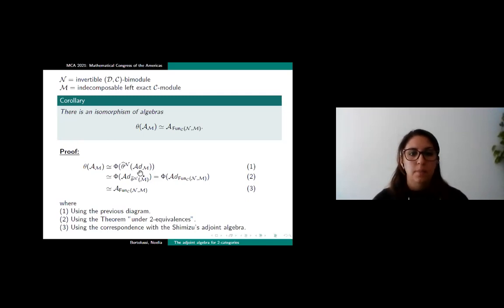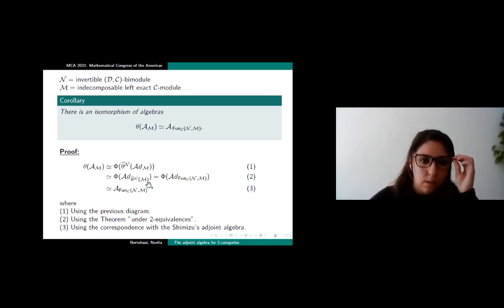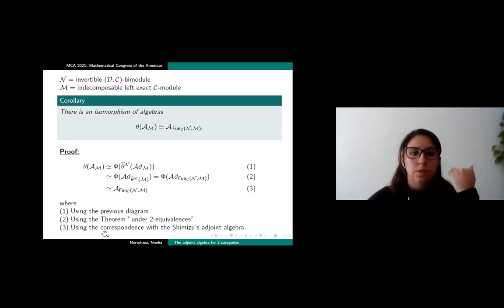So by the theorem that we saw, about what happens under 2-equivalences, this is just phi of the adjoint algebra of theta hat M, that is just phi of the adjoint algebra of the C-module functors between N and M. And then using the correspondence theorem with the Shimizu adjoint algebra, you have that this is isomorphic to the adjoint algebra of the C-module functors between N and M.